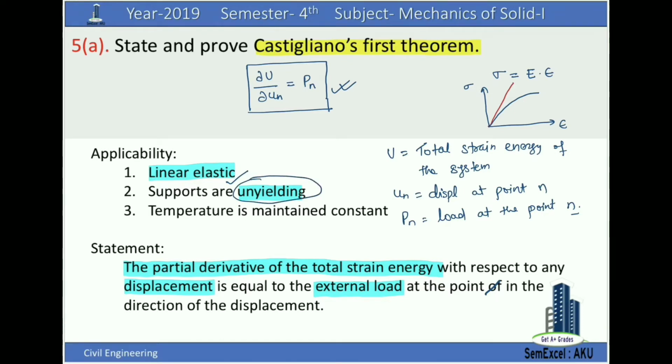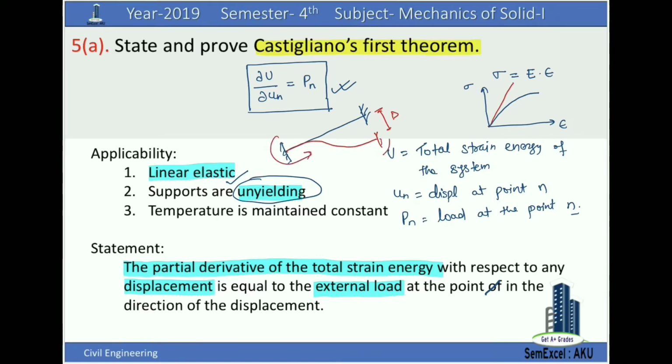Now what does unyielding support mean? Let's say we have a fixed beam, and if this beam settles by some amount delta, in that case deflection pattern will be like this.